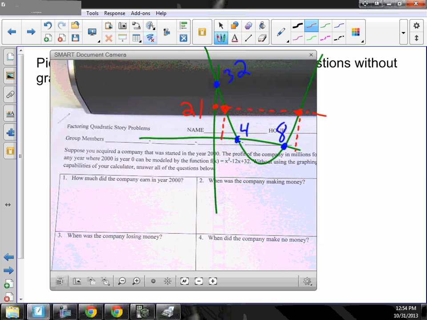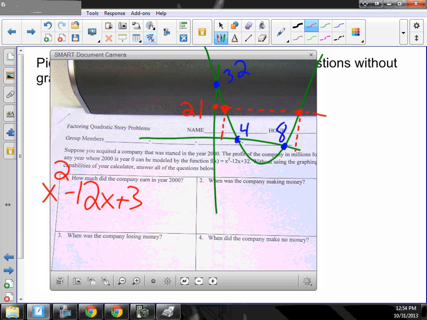There's got to be a way, using algebra, to figure out all of the answers and to make sure that you have them all. Well, this is a y value, so let's plug in the y value. Let's look at x squared minus 12x plus 32, and I want to know when this equation equals 21.